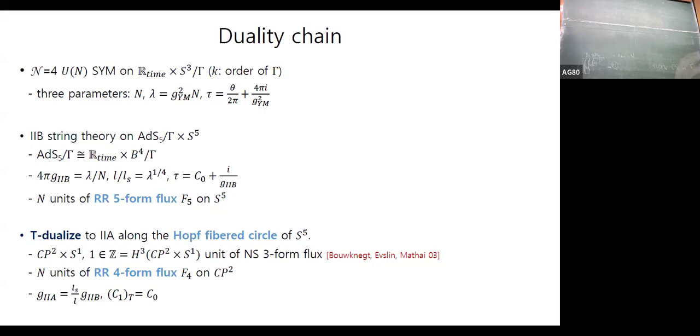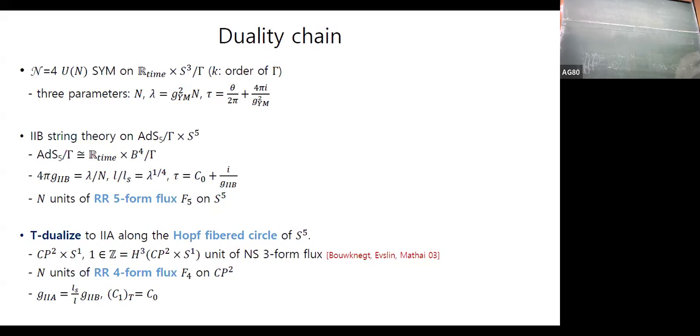Okay, anyway. You also have RR four-form flux on CP2 because you T-dualized, and you have the string coupling and RR potential. In particular, the coupling is space dependent, but we somehow create this fiber circle which is constant size. There is some topology, but after duality it just becomes a trivial product.